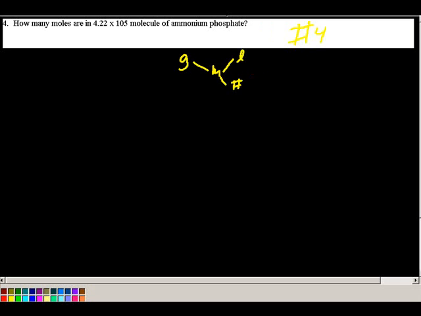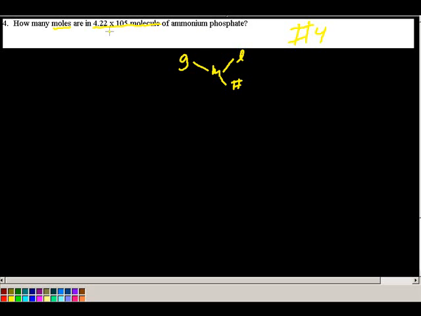Now, in this problem, it gives you the number of items, and it's asking for moles. So you're going to go from a number of items to moles. That's a one-step problem. So I don't see weight in here at all, no grams. So I'm not going to undergo a conversion of weights to molar masses.